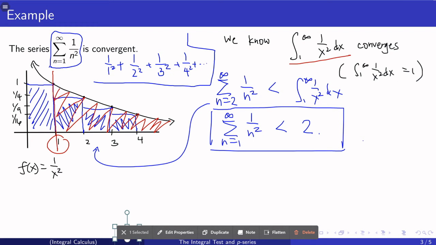And that tells me it's convergent. Right? I mean, I know the terms are all positive here. And it doesn't contradict the test for divergence or anything. 1 over n squared, it goes to 0. And this tells us that whatever sum it approaches, it's going to be less than 2.